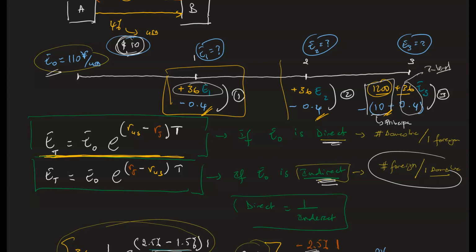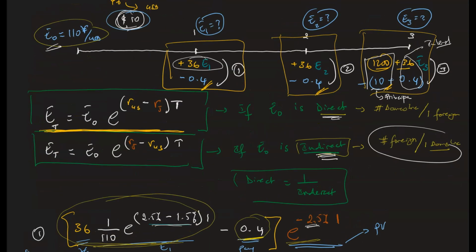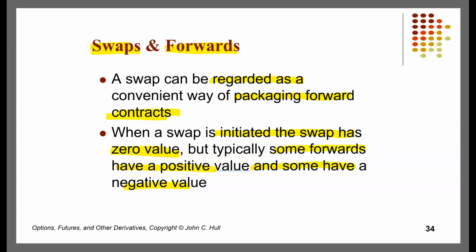A forward contract, and this would be another forward contract, and that would be another forward contract. And so each one of these forward contracts could have a positive or negative value. However, when we do the present value of all these forward contracts, when the swap is initiated, we get a value for the swap contract equal to 0. And that's what that's all about.